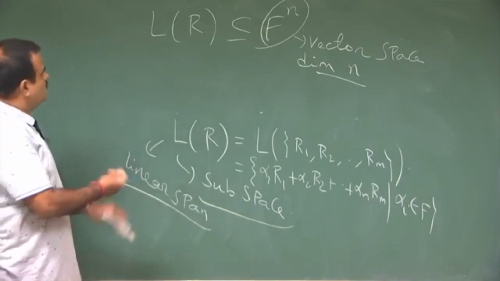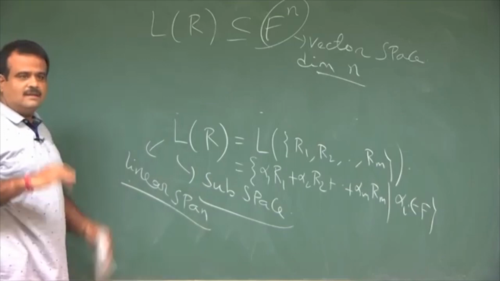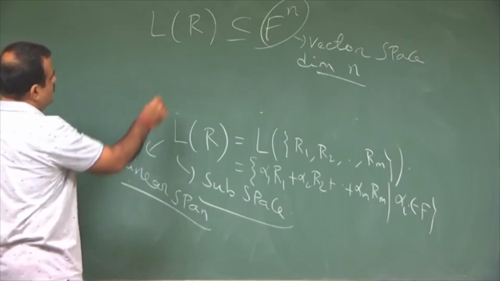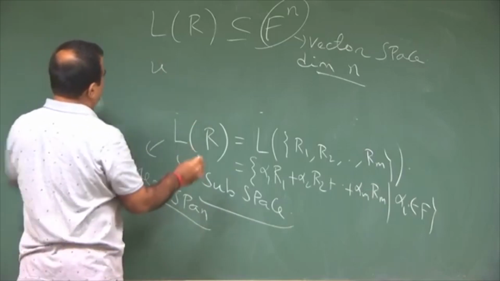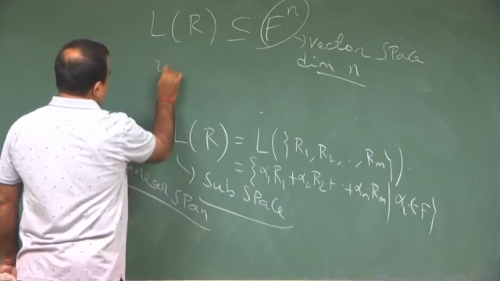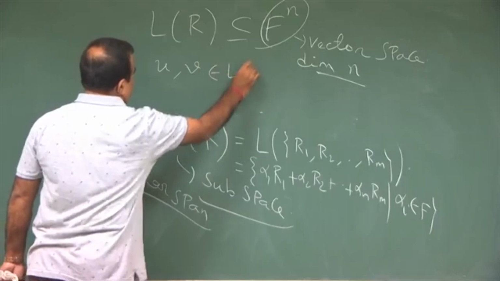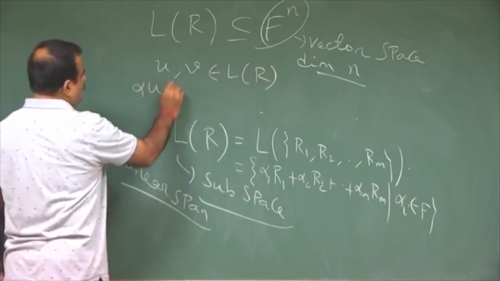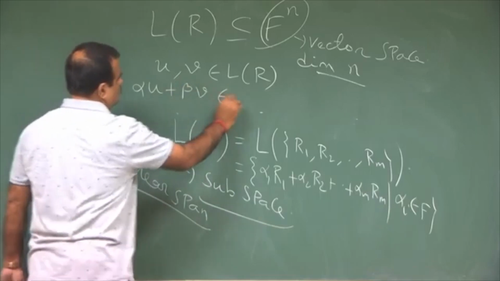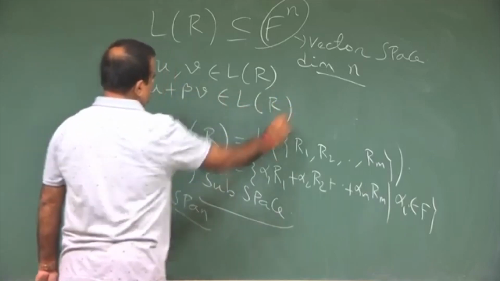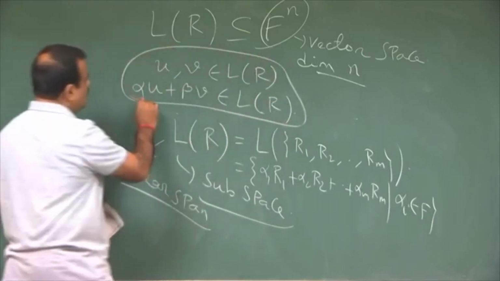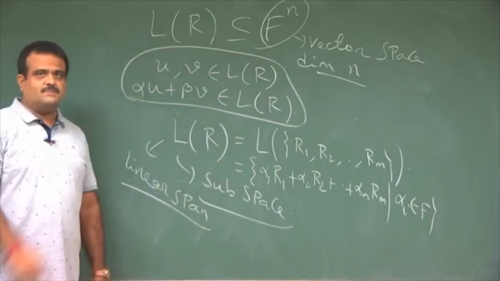We need to take two elements from here, say two vectors u and v, and show that alpha u plus beta v also belongs to this. This is a necessary and sufficient condition for a subset to be a subspace.